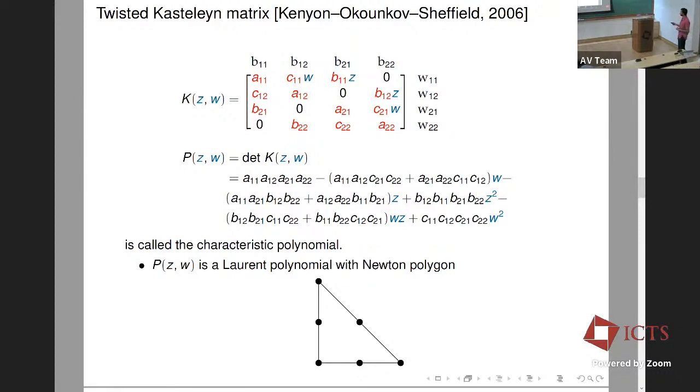No, you can take all the weights to be 1 and it will give you some curve, right? Right. So what you can do is you can take, say, this dimer cover over here and divide the whole polynomial by that.